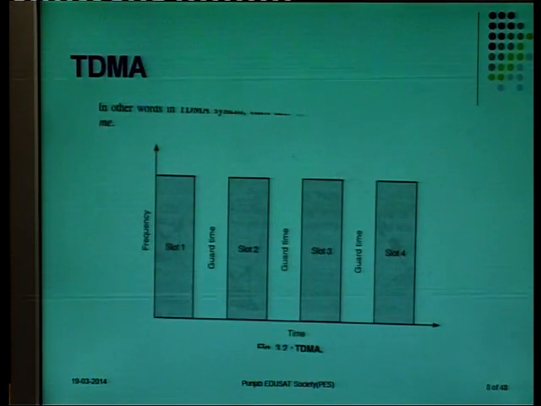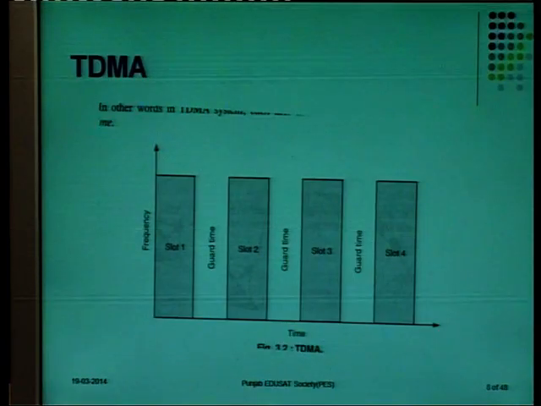This is how the time slots are divided. On the x axis time is given, and on the y axis frequency is given. Slot 1, slot 2, slot 3, slot 4 are the time slots allotted to different users. Here we see that on the y axis the full frequency spectrum is being used by every user, but for a fixed slot of time.